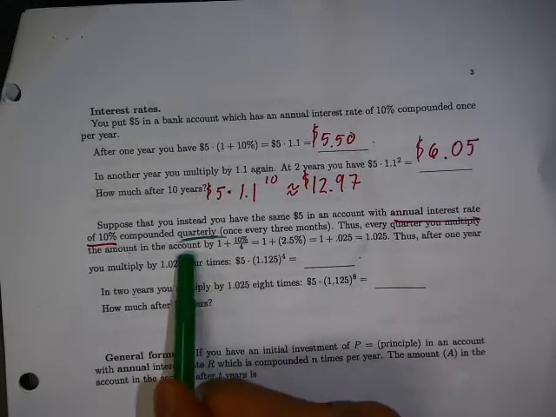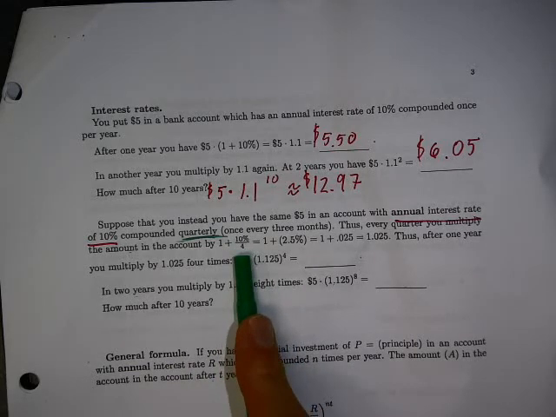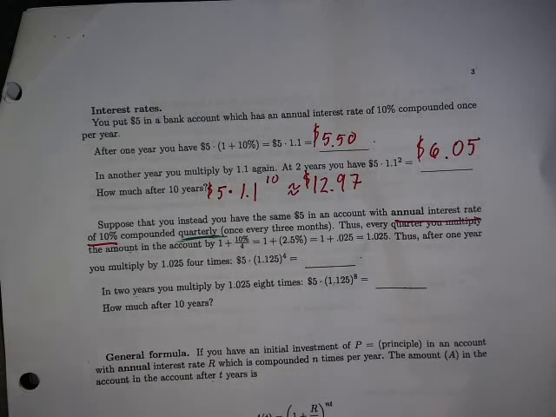That means every quarter of a year, every 3 months, the bank will treat your account as if it has gained not 10% interest, but only a quarter of 10% interest. You'll get 10% divided by 4, so 2.5% interest every quarter of a year. Let's see if that makes a difference.